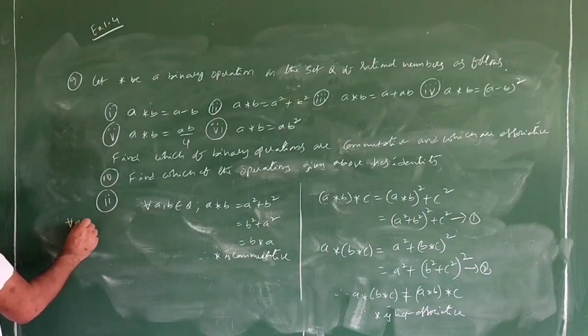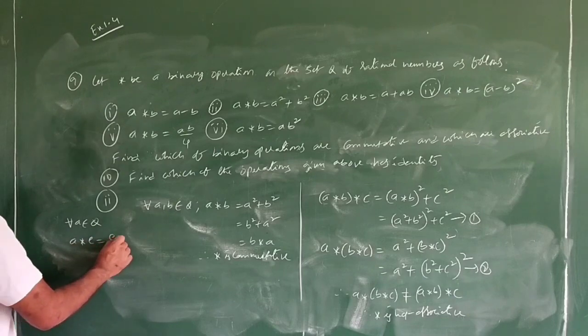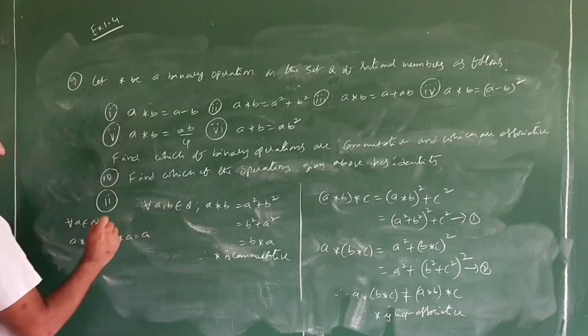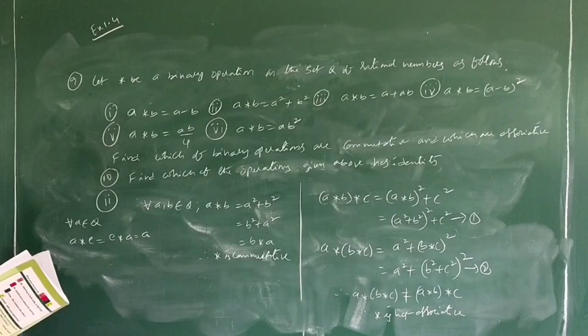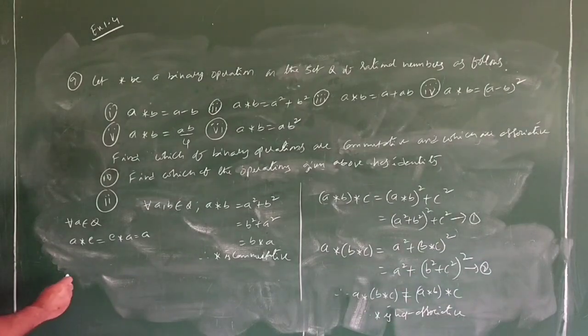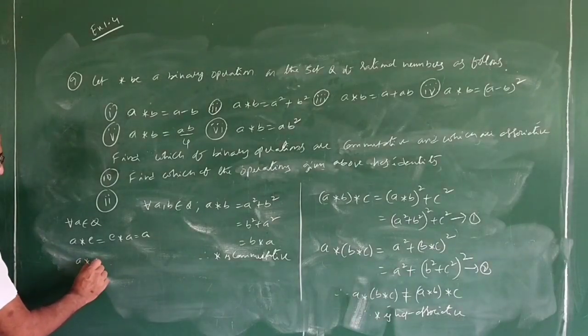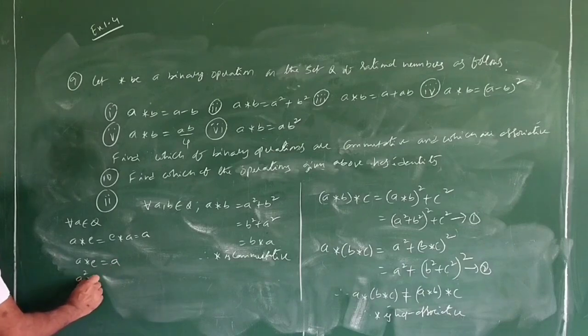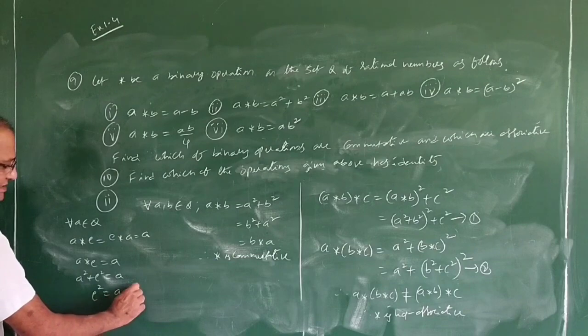For all A belongs to Q, A star E is equal to E star A is equal to A. So, for example, A star E is equal to A, and A square plus E square is equal to A. E square is equal to A minus A square.